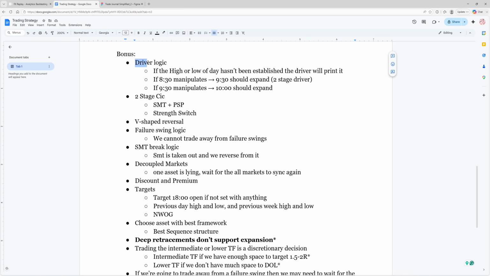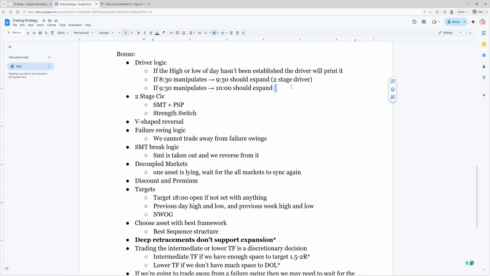So, driver logic. Garrett talks about driver logic, and it's very, very useful. I do use it, but I also don't use it. The reason is that the way I trade, using phases of price, ends up aligning with the drivers anyway. But it depends on what time you start. If you're starting at around 9:30, then being aware of driver logic and how to utilize it is very useful.